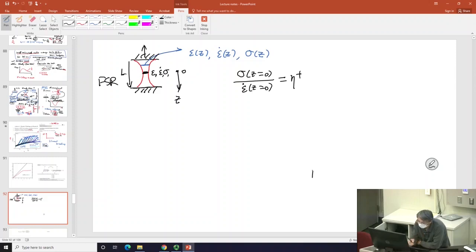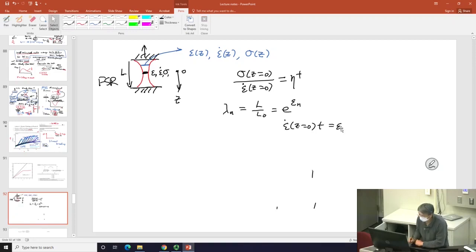And obviously, at any moment, your nominal strain is nothing but L over L0, which is, of course, by definition, epsilon nominal. And that nominal strain, of course, is different than the strain at the middle. Right?